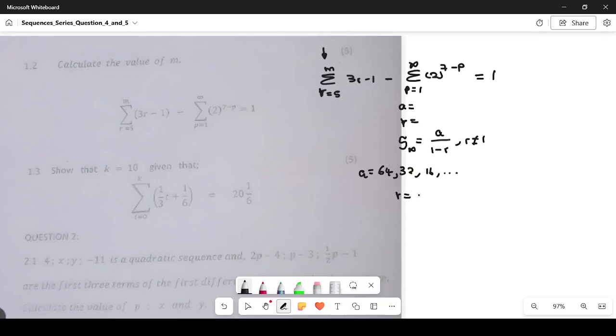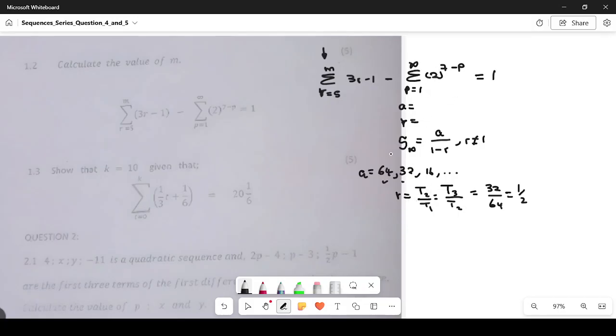The ratio, term 2 divided by term 1, should be consistent with term 3 divided by term 2. So I will use term 2 and term 1: 32 divided by 64, and that is just a half. This is our ratio for this geometric series.